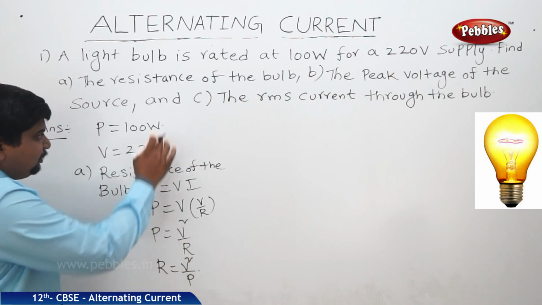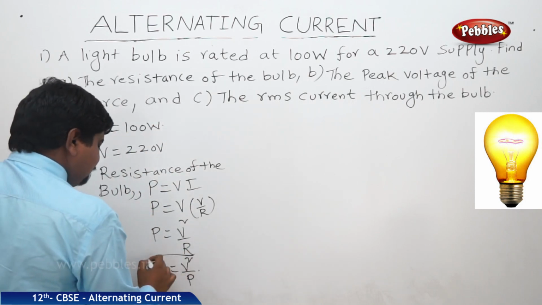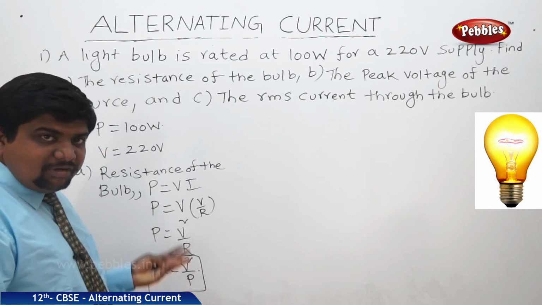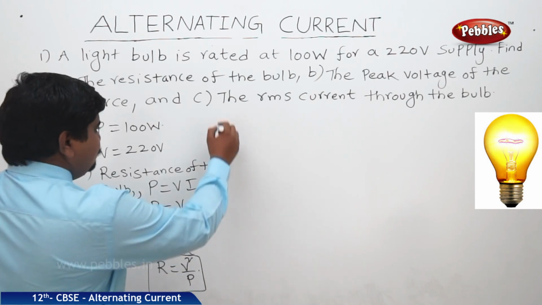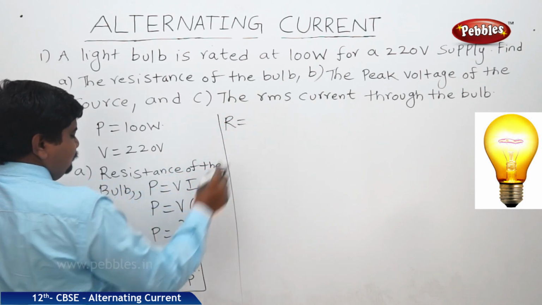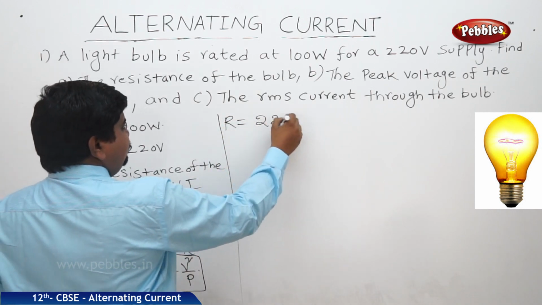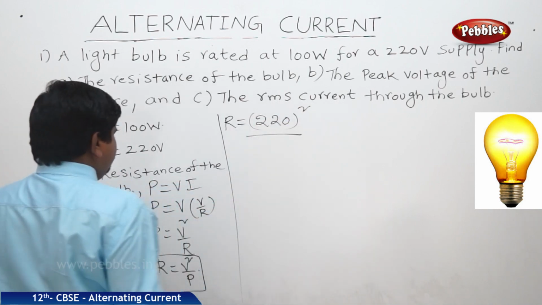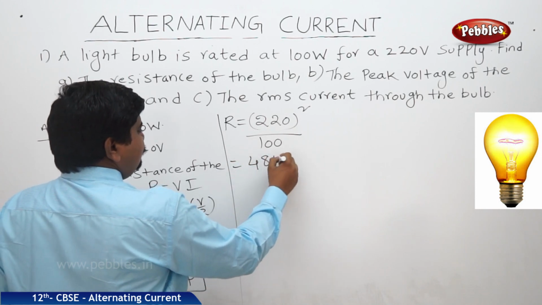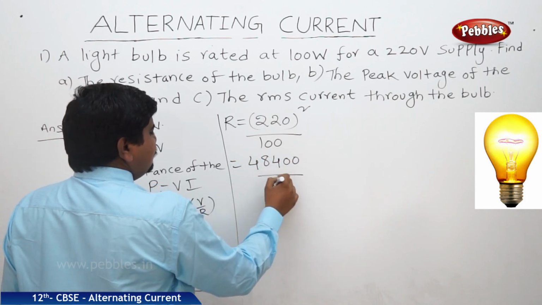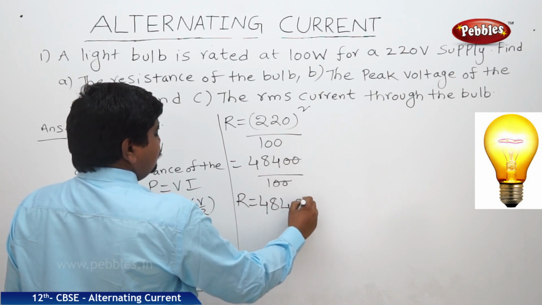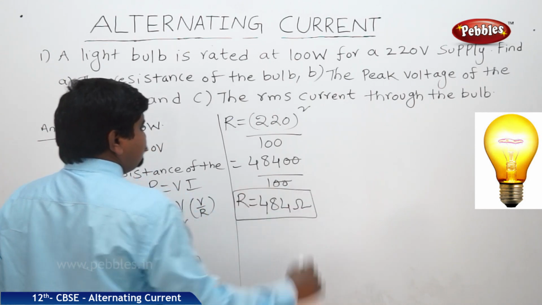If we substitute these two values from the given information, we can find out R. Sometimes we need to modify the standard formulas to get these values. Therefore, R is equal to 220 square by 100, which is 48400 by 100. Therefore, R is equal to 484 ohms.